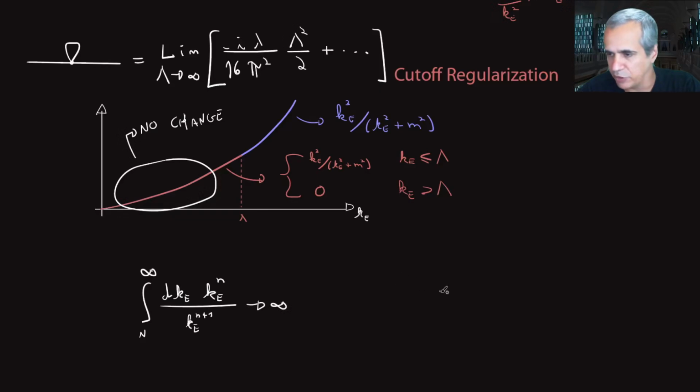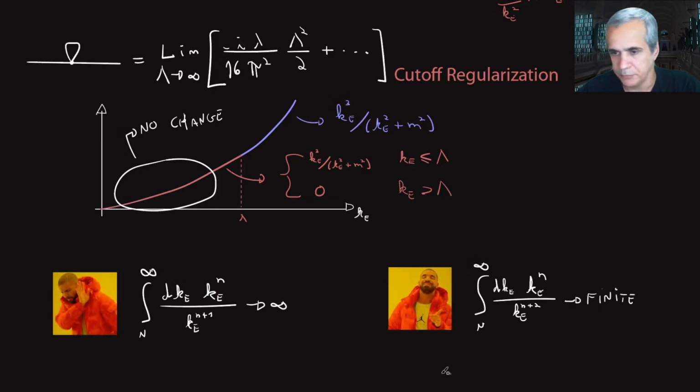Now, the condition we're looking for is this, right? So if you go now and you have 2 extra powers in the denominator, let's say you have k^n here and k^(n+2) here, now this is a convergent quantity, right? This will behave like 1 over k squared, and will be finite. So this is good, and this is good, and this is bad, right?